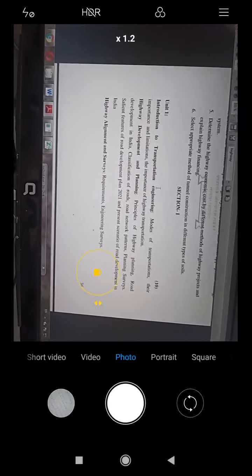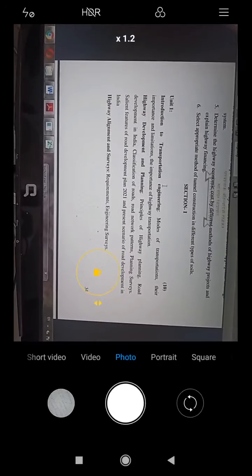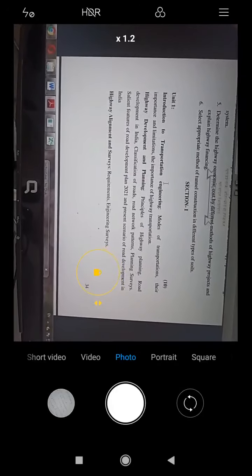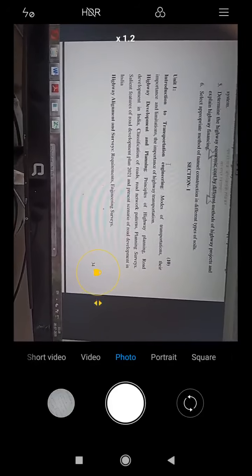Unit first is the introduction to highway engineering, which contains modes of transportation, their importance, and the importance and limitations of highway transportation.